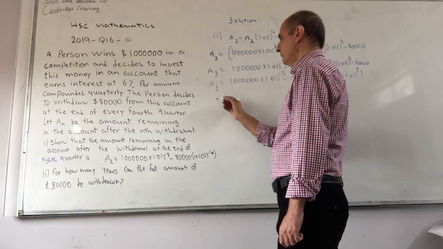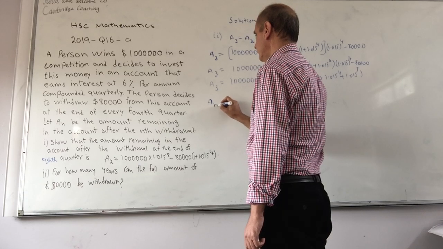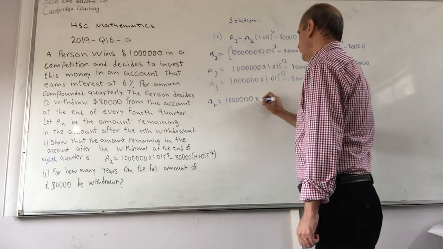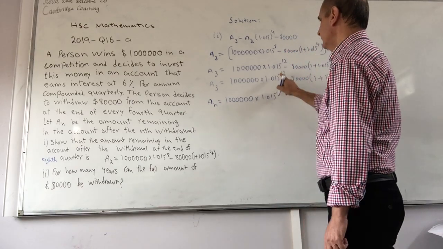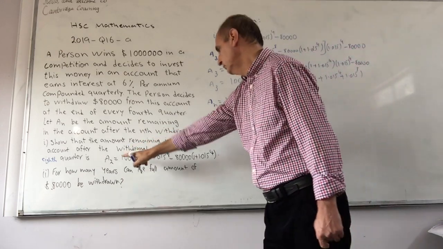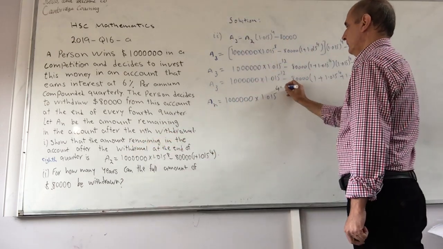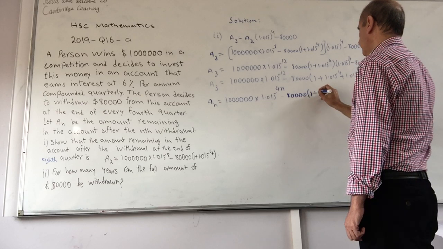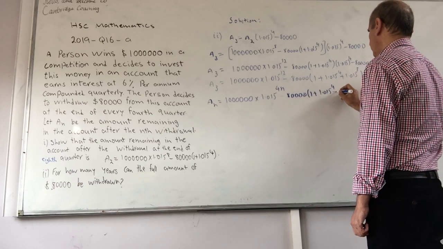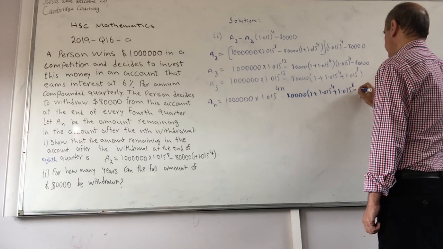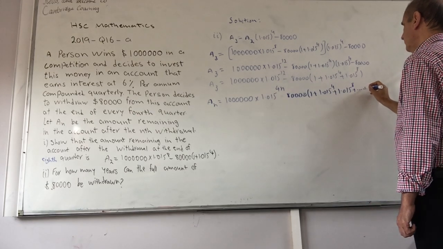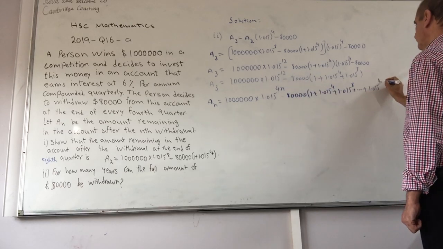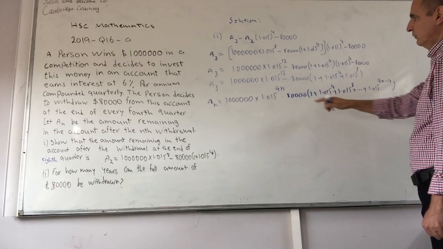So having this in mind, A_N will be equal to 1 million, just generalizing this formula, times 1.015 to the power of 4n, minus 80,000 times (1 plus 1.015 to the 4, 1.015 to the 8, and all the way to 1.015 to the power of 4n minus 4).